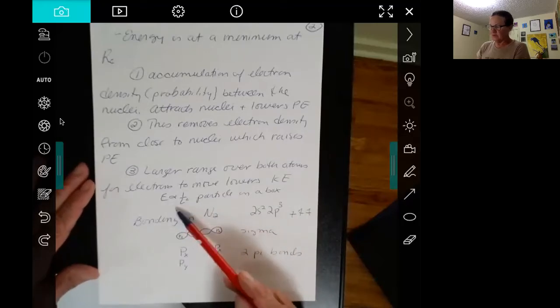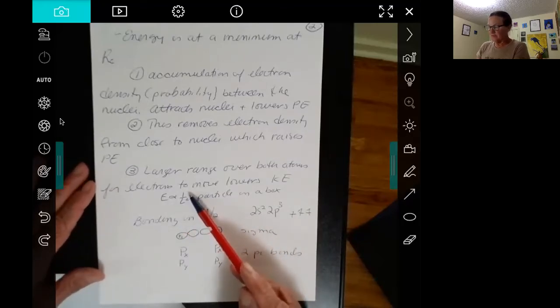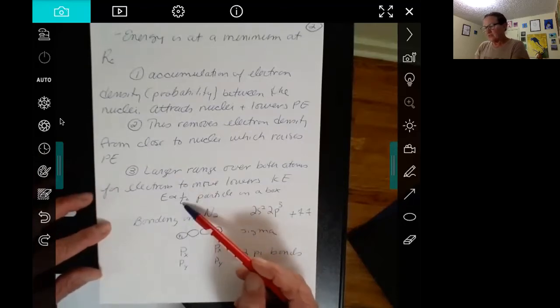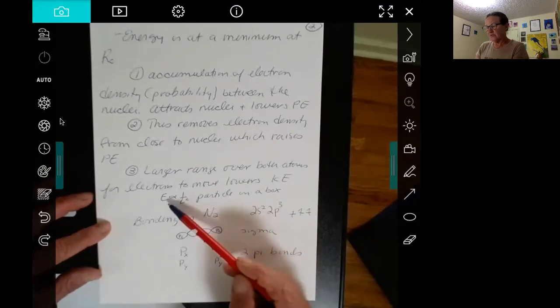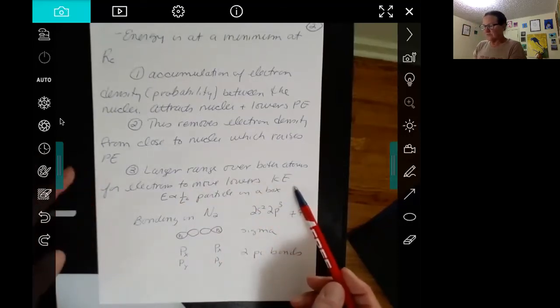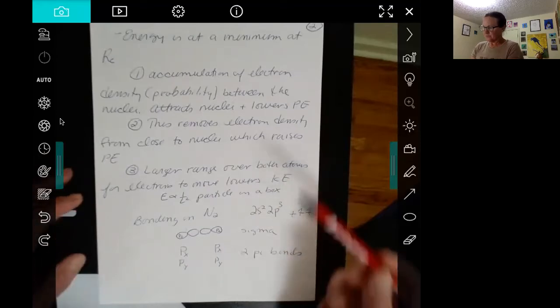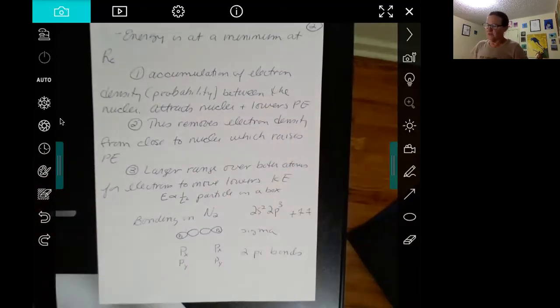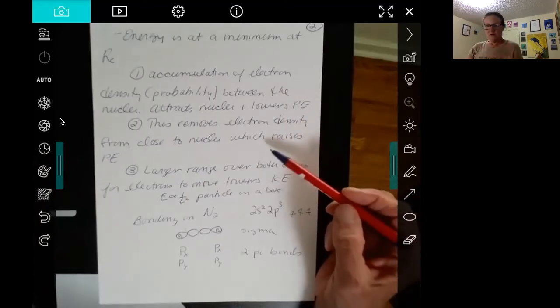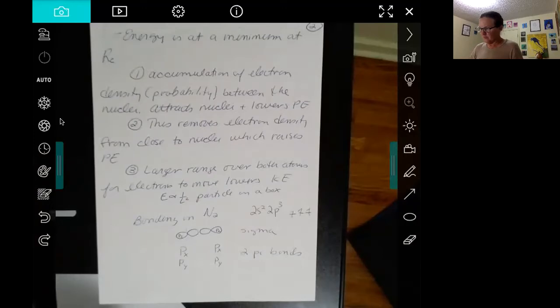So if we think back to the particle in the box, its kinetic energy was proportional to 1 over the length of the box squared. So the length of the box gets bigger, the energy goes down. And so this lowers the kinetic energy, and so that's a positive thing. So when we think about bonds forming, it's a playoff between several factors. And if the attractive factors win, you'll have a bond. Not all atoms bond together.